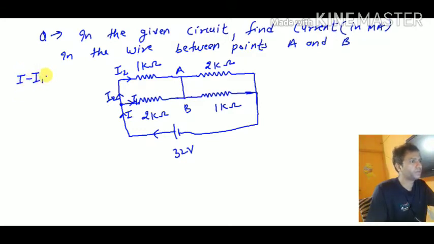So I minus I1 minus I2 is equal to 0. So this is the junction law.